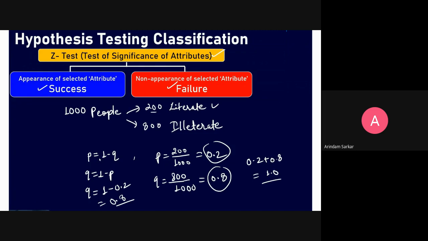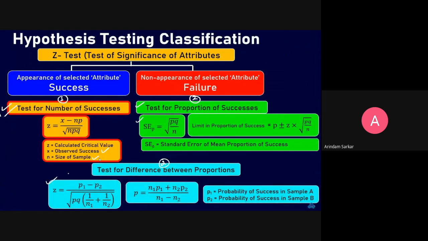So here, this is the formula to calculate the Z test. First of all, Z equals (X minus NP) divided by root over NPQ. This first formula is for the test for number of successes. The second technique in the Z test is dedicated to testing the proportion of successes.